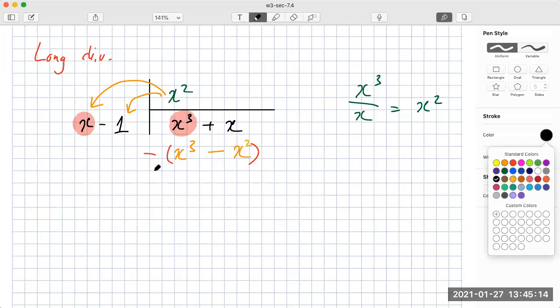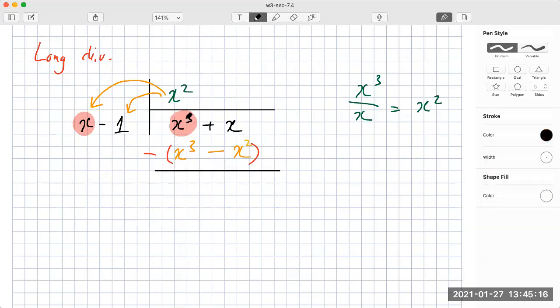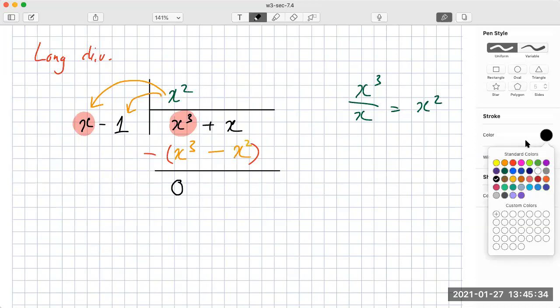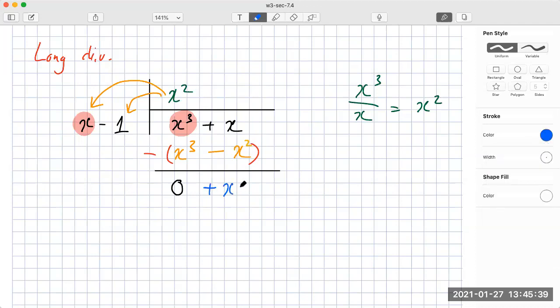If we subtract, x cubed minus x cubed is zero. At the order 2, there's nothing on top of this, and negative of negative x squared, what do we have here? Negative of negative x squared. Be careful with the sign. Okay, very good. So what is next?